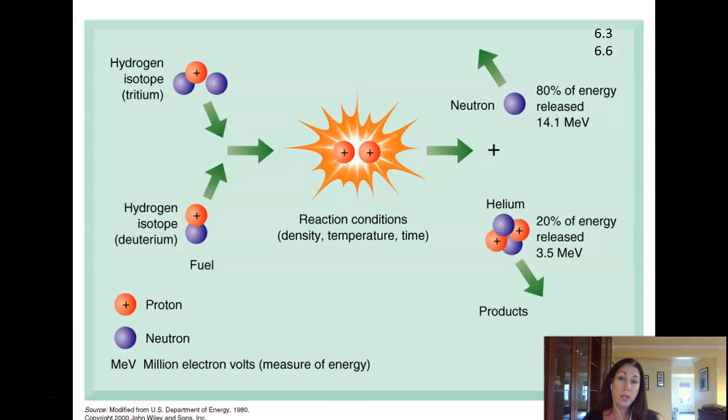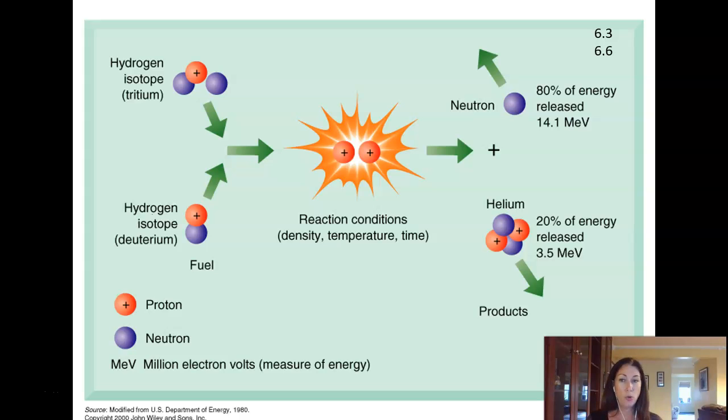Now fusion is the combining of two atoms, and this is the type of energy that our sun consists of. Here we have two hydrogen atoms, and forcing those together creates an enormous amount of heat. The product here is helium. We don't currently have the technology to use a fusion reaction to make electricity.